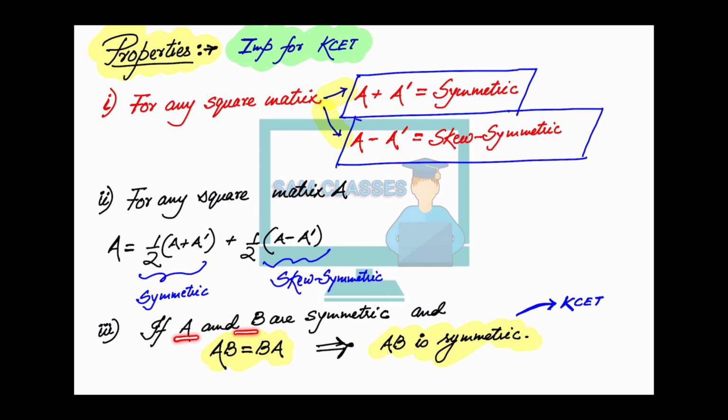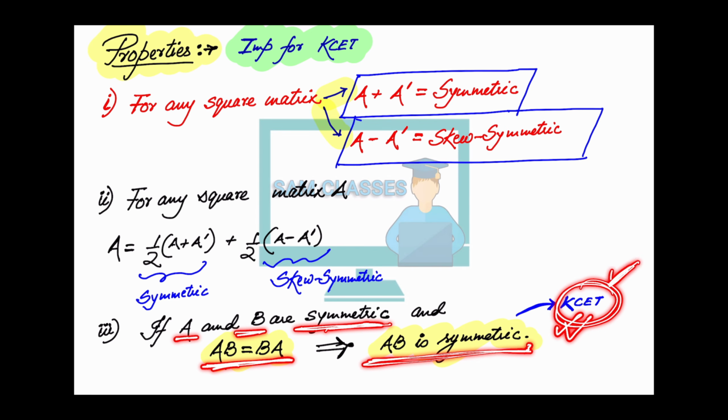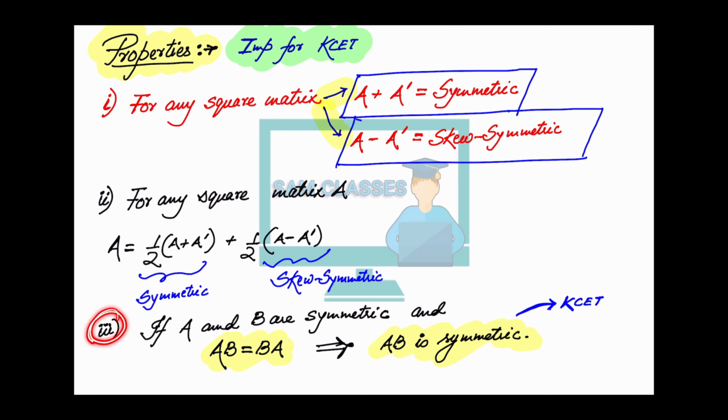Now, if we have two matrices and both A and B are symmetric, then what will happen? If AB is equal to BA, then it means that AB is symmetric. So understand, very important questions are directly asked from this part, and this kind of questions are there in your exemplar also, students.